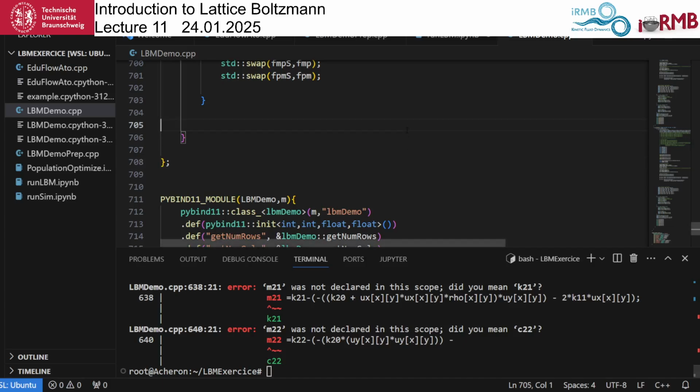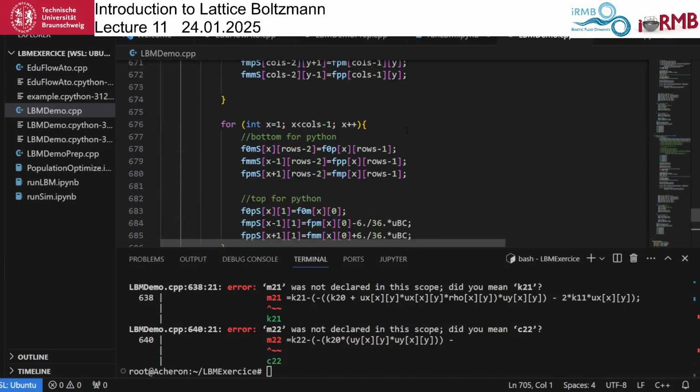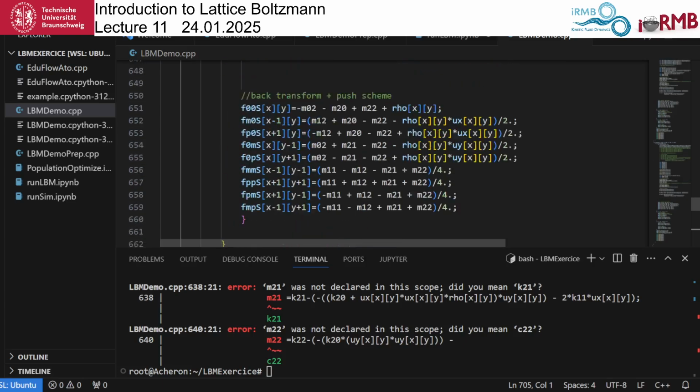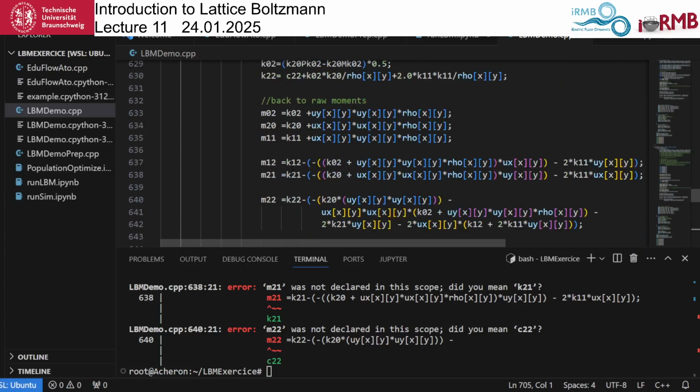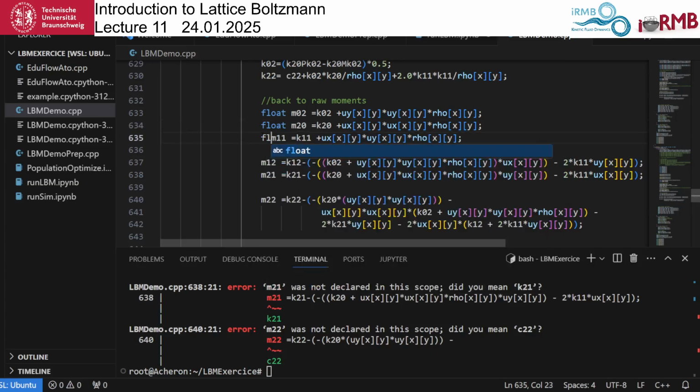Okay, I see the problem. What we've got to do is that in the back transform, we did not initialize these things. So okay, you see, it never runs out of the box.